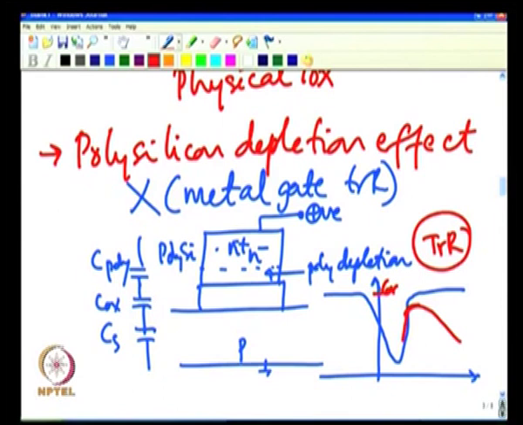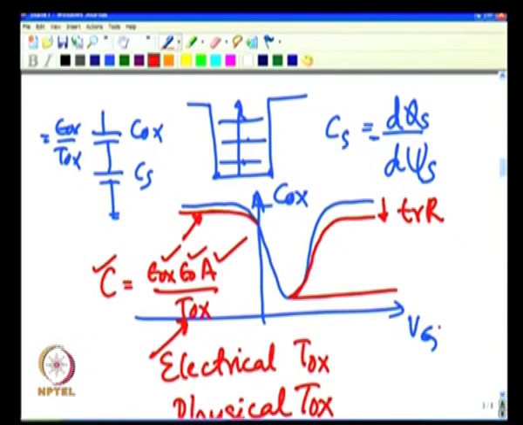Because remember, your on current of a transistor is directly proportional to your oxide capacitance in inversion. If your oxide capacitance in inversion degrades like this in poly depletion or degrades like this in channel quantization, that will degrade your on current of a transistor, and that is why we say your threshold voltage has now increased, because your on current has decreased accordingly.